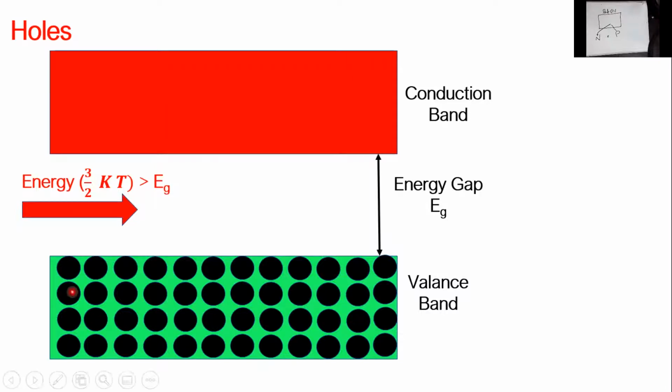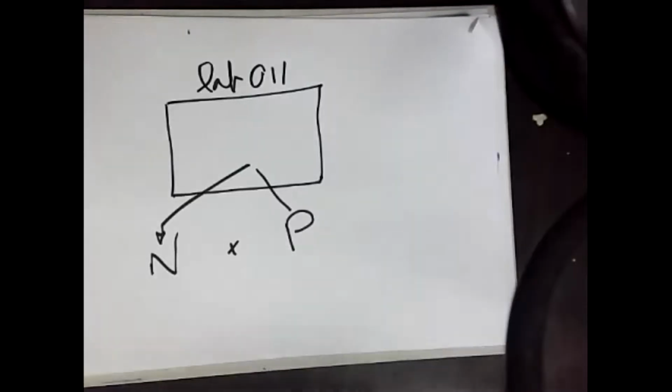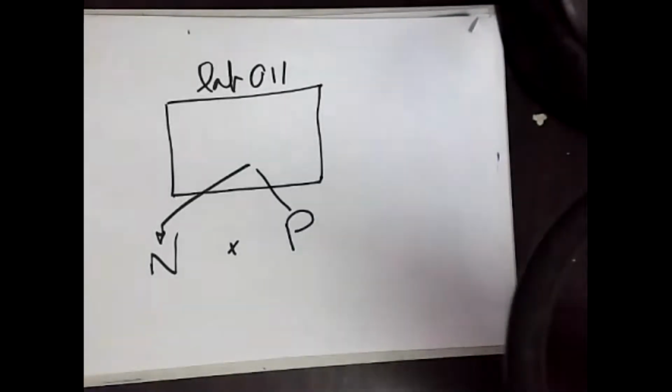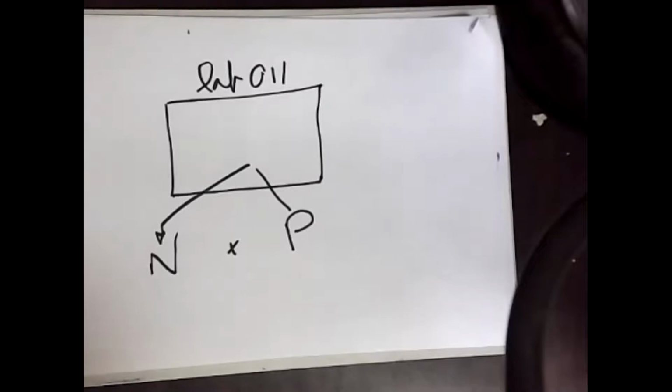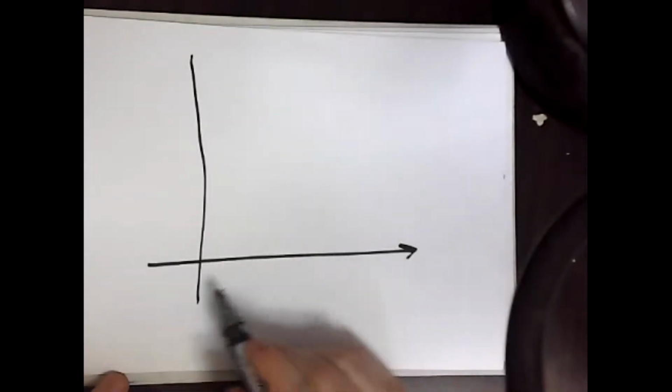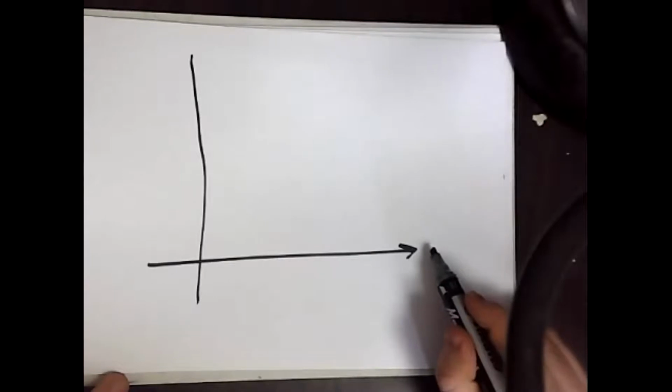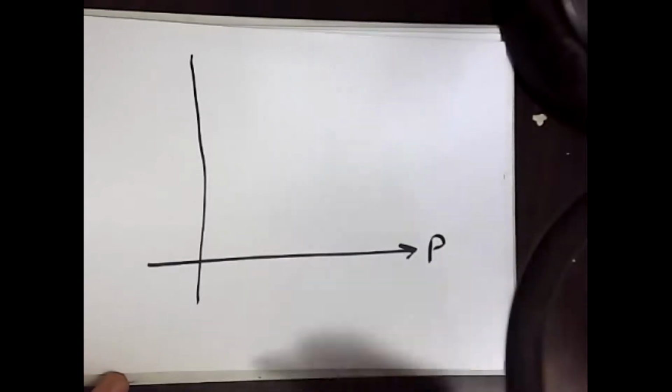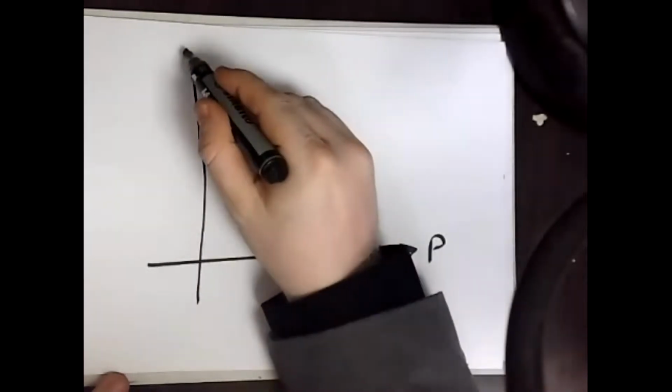Let me now return back to the slides. You should expect the following. If I make a graph, this graph, this is the probability. I will call it P this time.